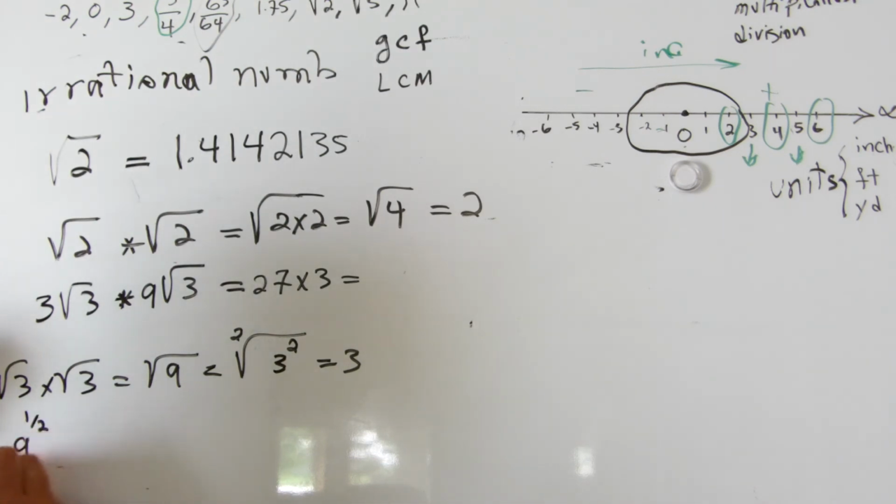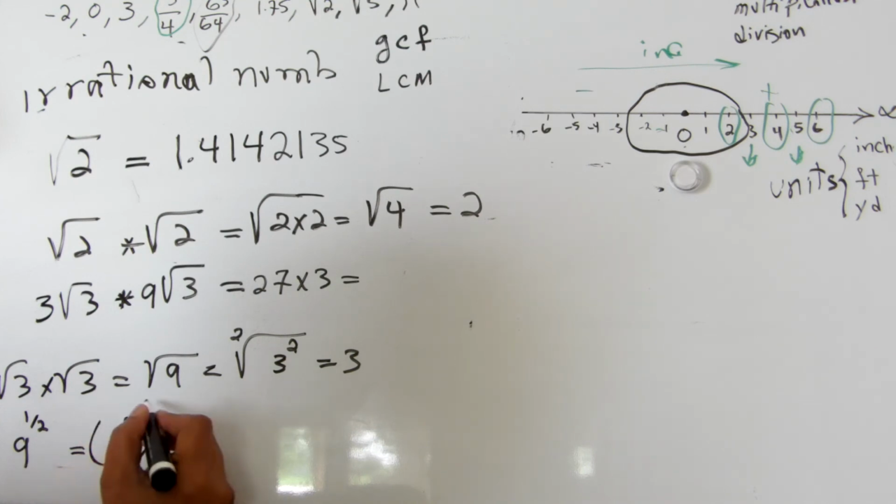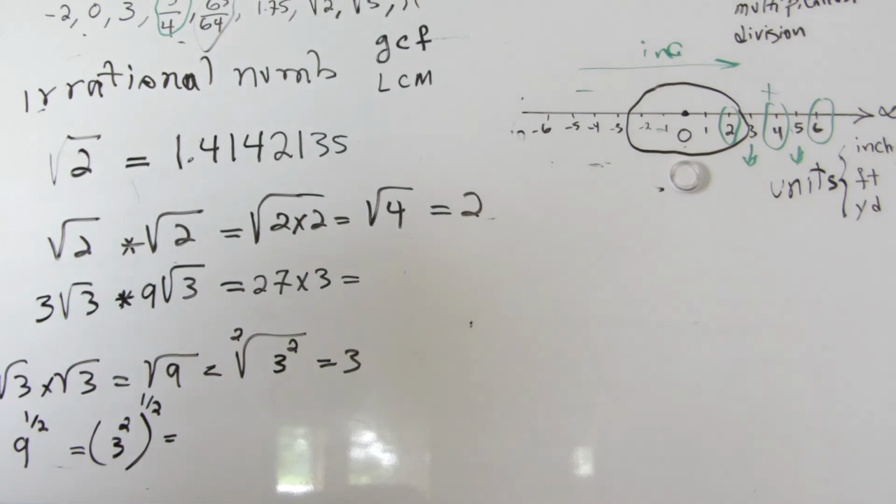We can write it this way too: 9 is 3 to the power of 2, and then we have 1 over 2 as the exponent.